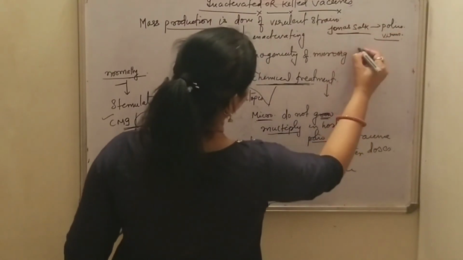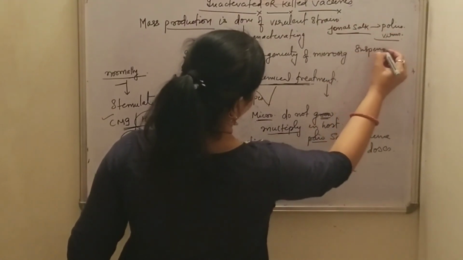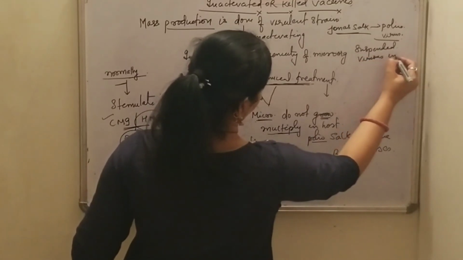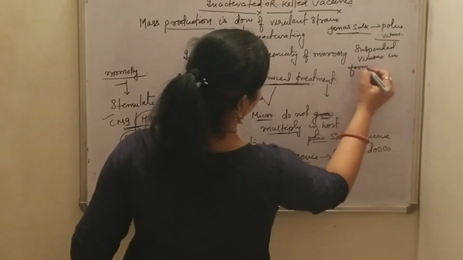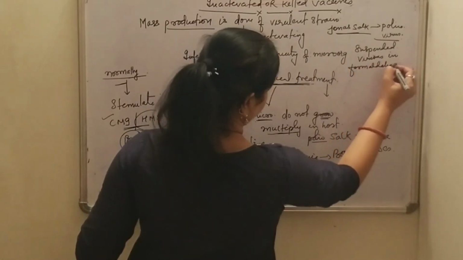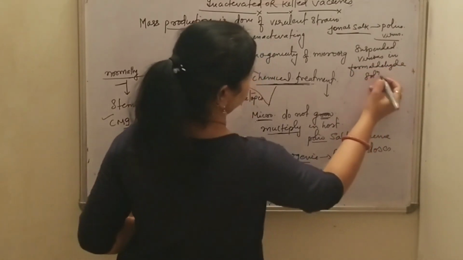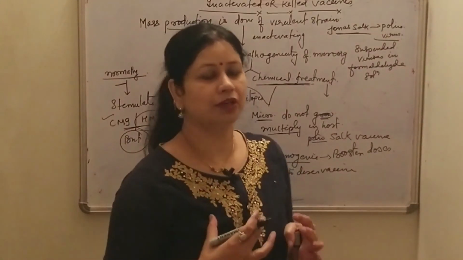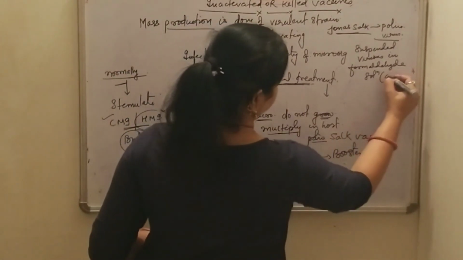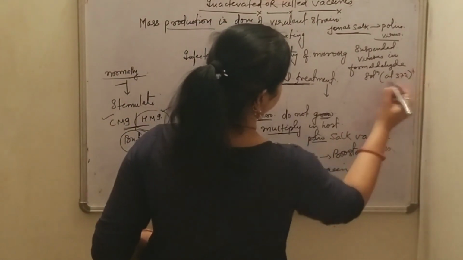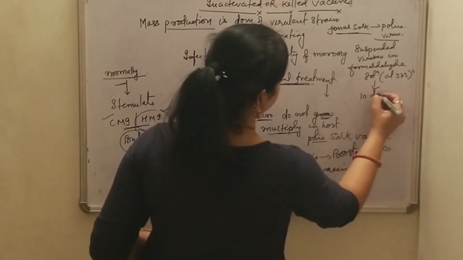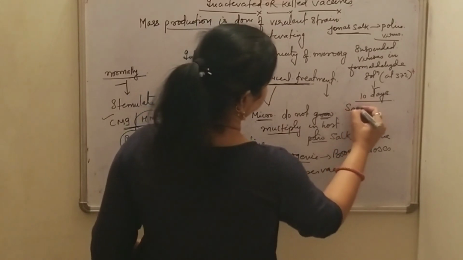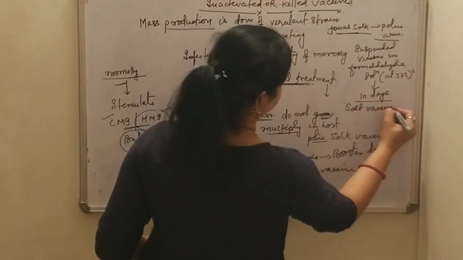He suspended virions in formaldehyde solution at 37 degrees Celsius for about 10 days. And the name Salk vaccine came out.